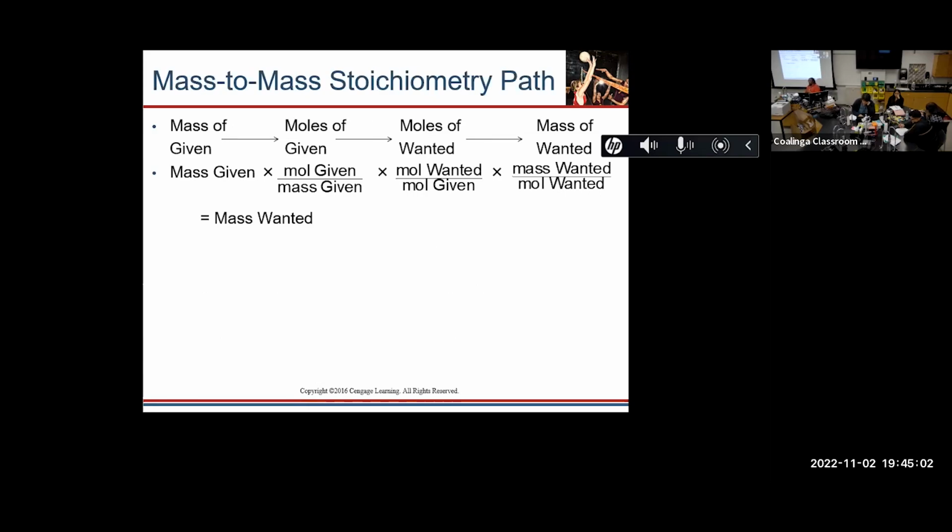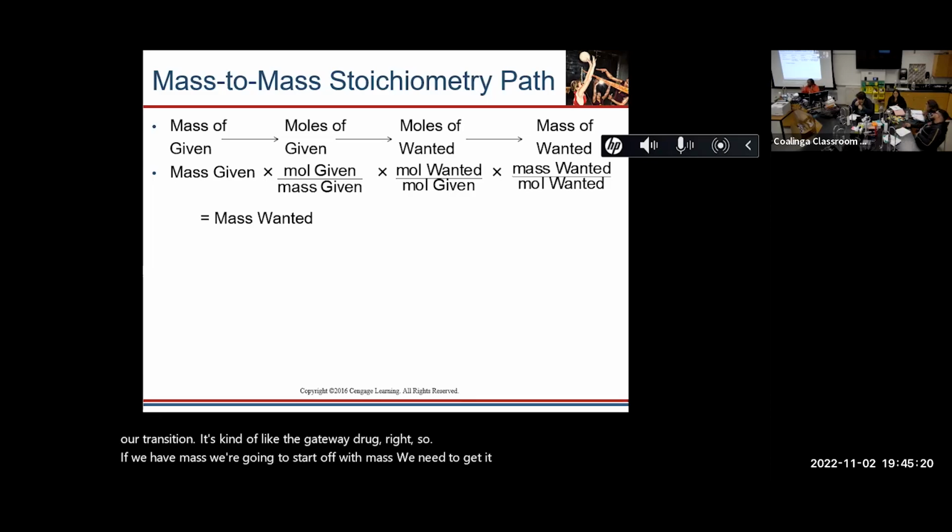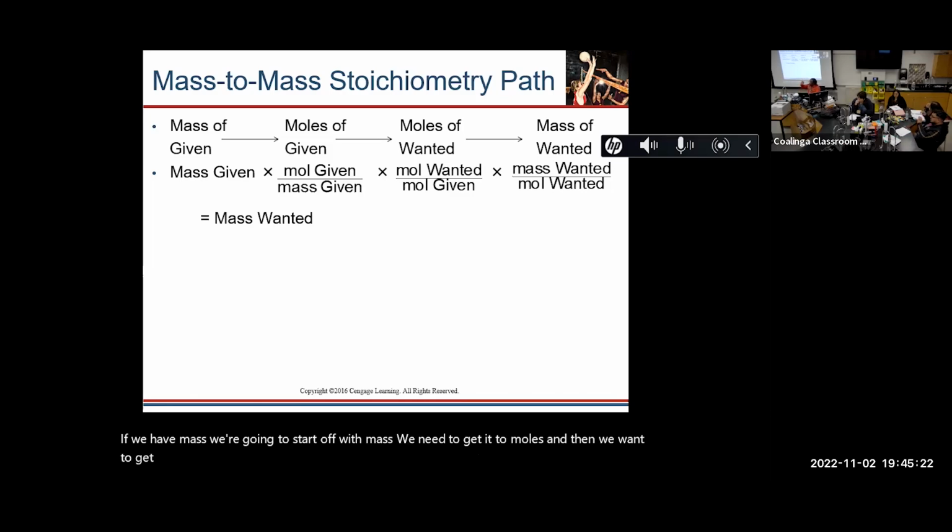Okay, so we've been kind of lucky because everything has been in moles. We've got to think of moles as our transition. It's kind of like the gateway drug, right? So if we have mass, we start off with mass. We need to get it to moles, and then we want to get it to moles of whatever else we're looking for. So moles of what you're given to moles of what you want.